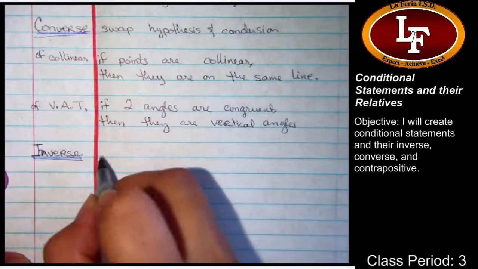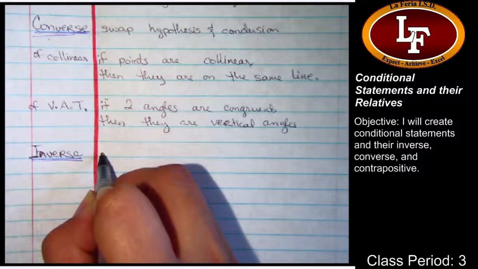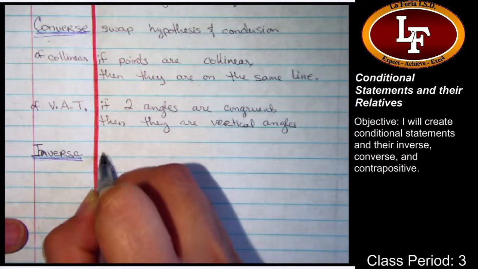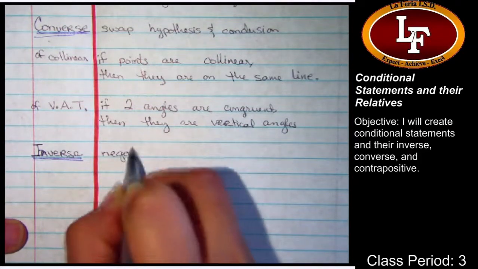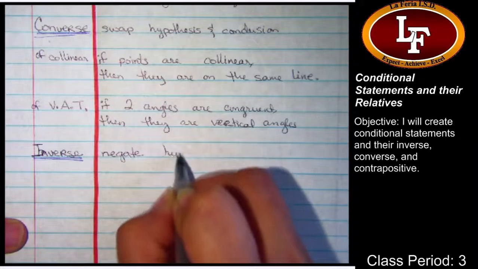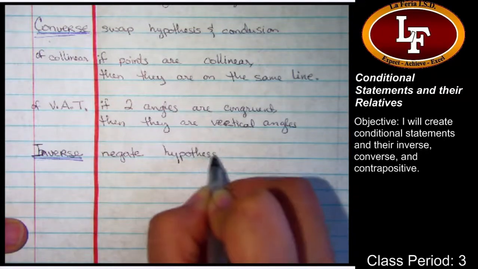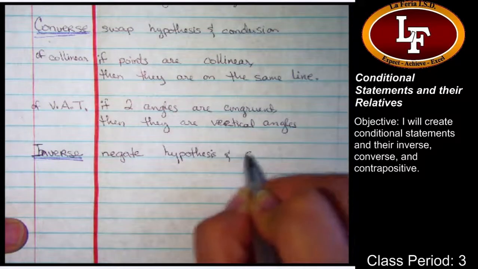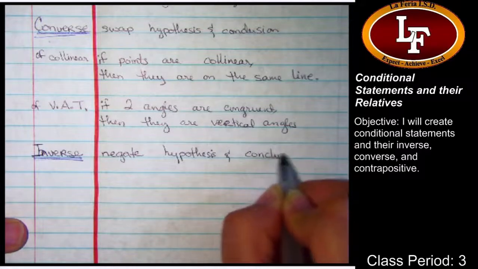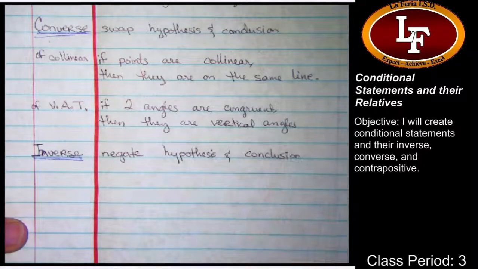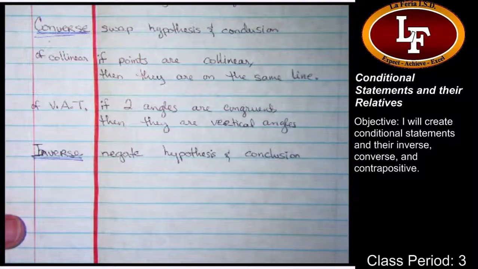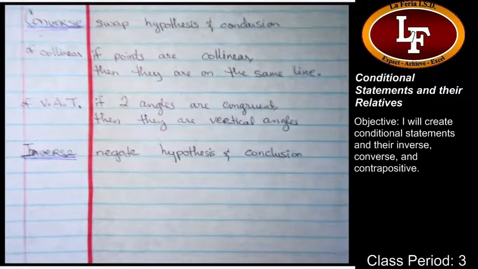Okay, cool. So he said the opposite. He's exactly right. You're going to negate the hypothesis and the conclusion. What does the word negate mean? To erase, to undo, to make it the opposite of.